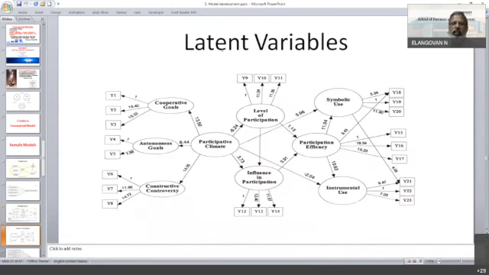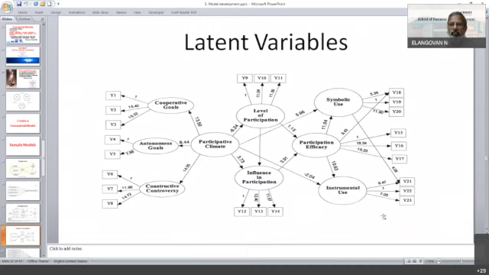Then here you can see latent variables. So these are measured variables. These are latent variables. It means that this particular variable, cooperative goals, is not measured. It is measured by 3 items. And those 3 items will make this particular variable.